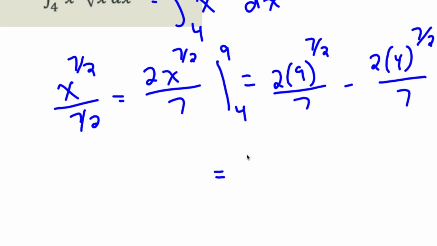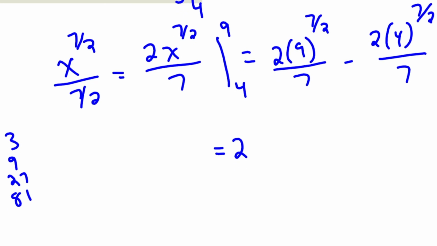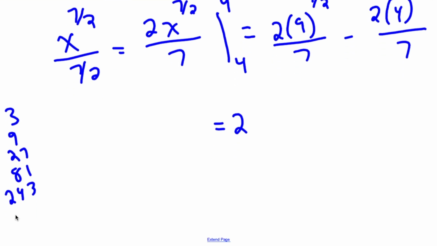But again, square root of 9 is 3, and then 3 to the 7th power. So let's think about that for a second here. If we go through our powers of 3, we'd have 3, and then 9, 27, 81. That's 4 times 5 would be 243 times 3 again.